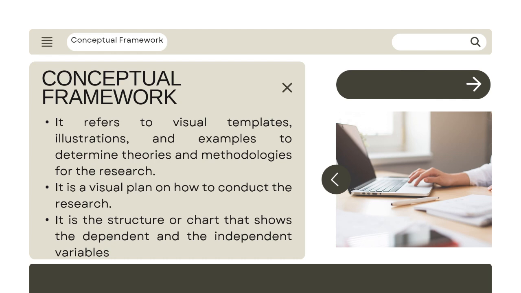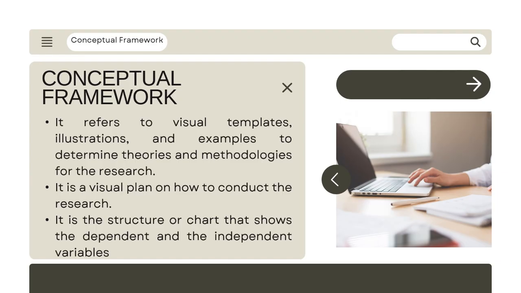Example, in your input, you have the data about the reading comprehension skills. And then for the process, you have the thematic analysis, and then for the output you explore how to develop or how to improve reading comprehension skills. So that's for the qualitative that uses the IPO model for the conceptual framework.